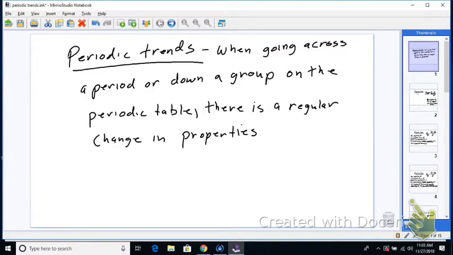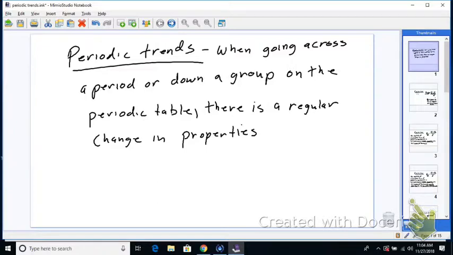Okay? And then that's kind of what we're going to do today with atomic radii. So the size of the atom, how does it change going down a group on the periodic table? How does it change going across a period? Size of the atom, how big or small it is. Okay? So we're going to look at that phenomenon.